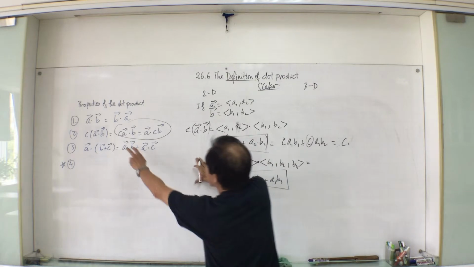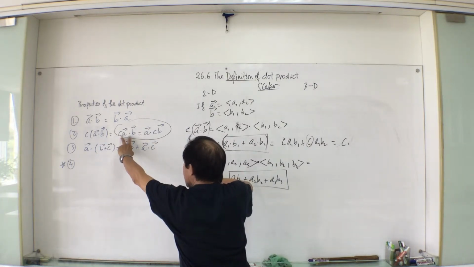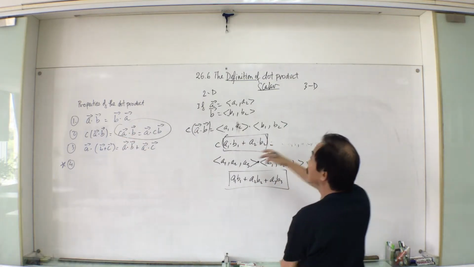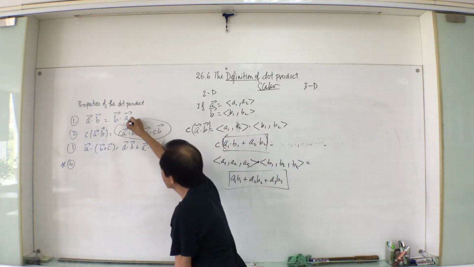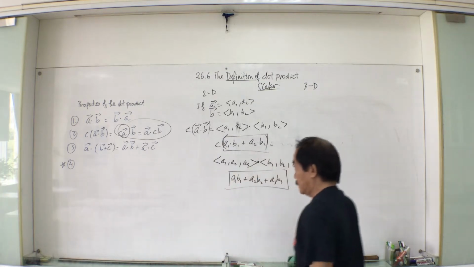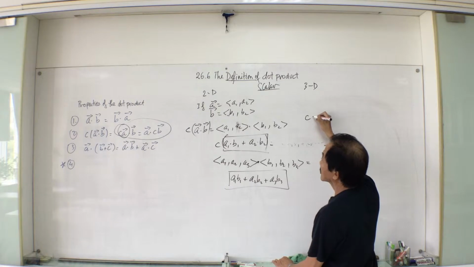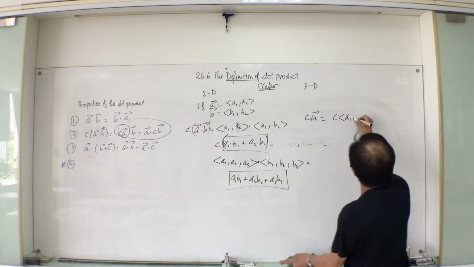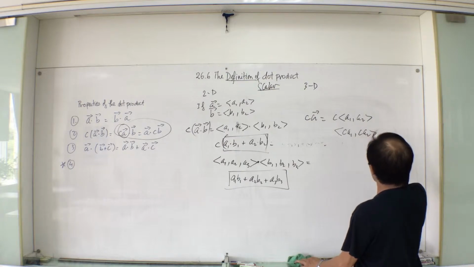Now in this case, you have C times A dot B. We work out C times A first and then dot with B to see what happens. C times A is still a vector. C times A equals C(A1, A2), which equals (CA1, CA2). This is still a vector.